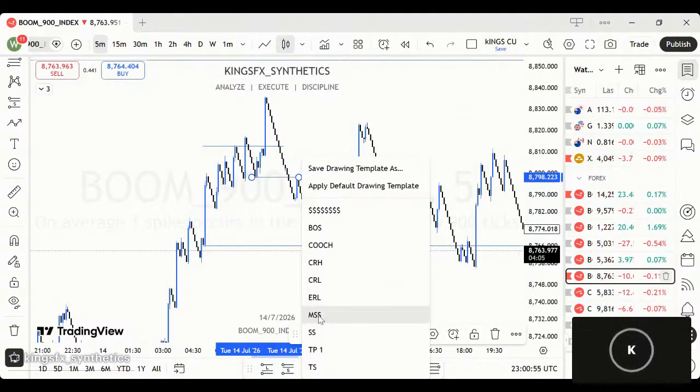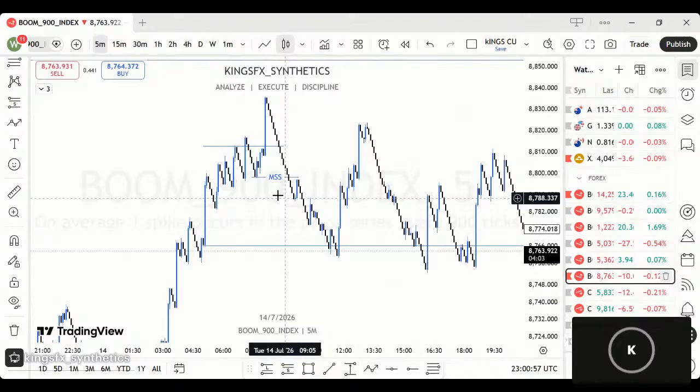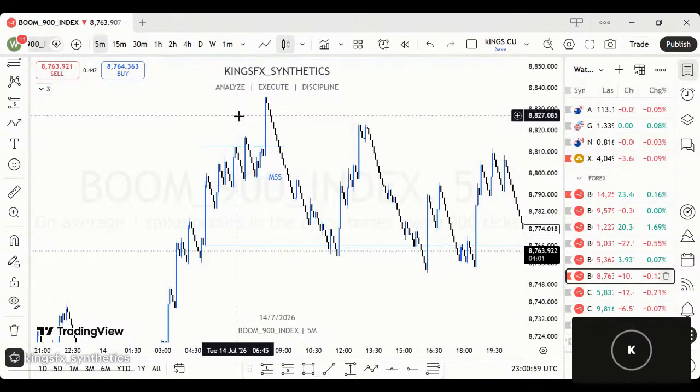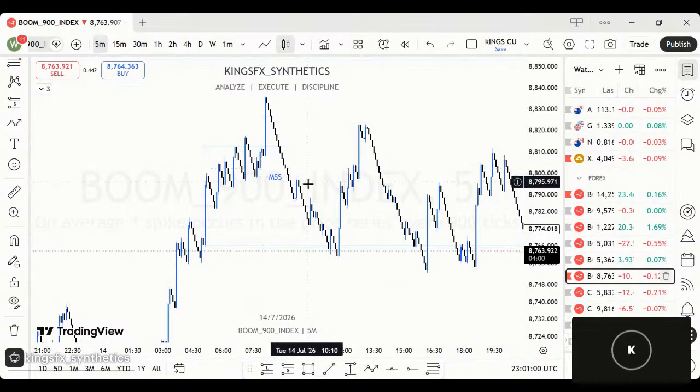So since we had a market structure shift, I knew that we will have price coming back to our order block or our fair value gap. And because we are on a lower time frame and trading Boom and Crash, the nearest fair value gap is right at this junction.